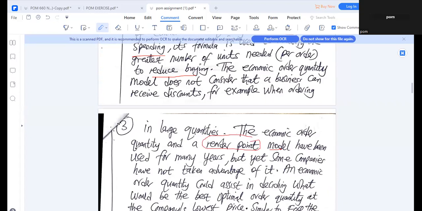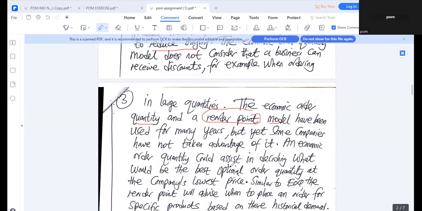The EOQ and the order point model have been used for many years, but yet some companies have not taken advantage of them. An economic order quantity could assist in deciding the optimal order quantity at the company's lowest price.